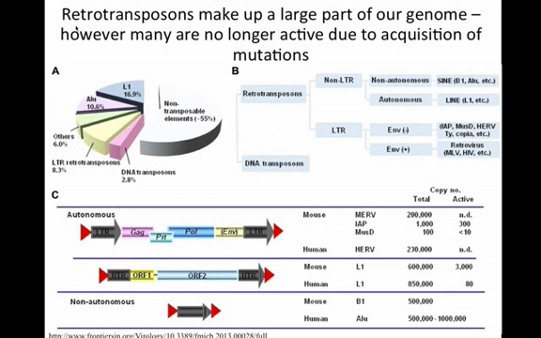And with L1, in mouse there's a lot more, but in human, from 850,000 that are present, it's only about 80 that are active. And this is because there's been an acquisition of a lot of mutations in the retro element genomes. Okay? And so this is why we're talking about it, because what do the APOBEC proteins do?